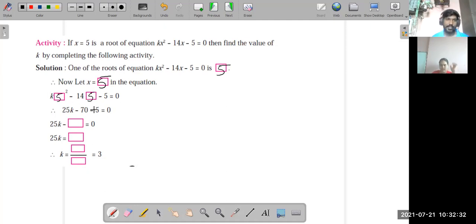Correct. So now this becomes 25k minus 70 minus 75. Minus 75 went on the other side, it became plus 75. Now you have to do the division. So k is equal to 75 divided by 25, which is 3.